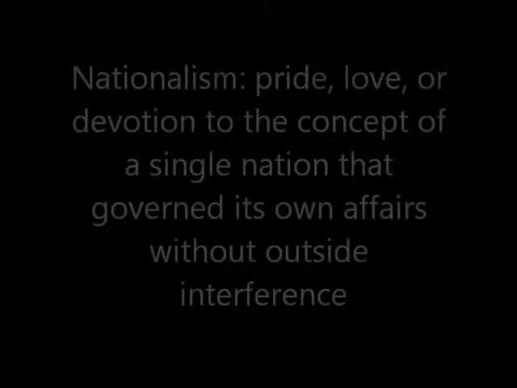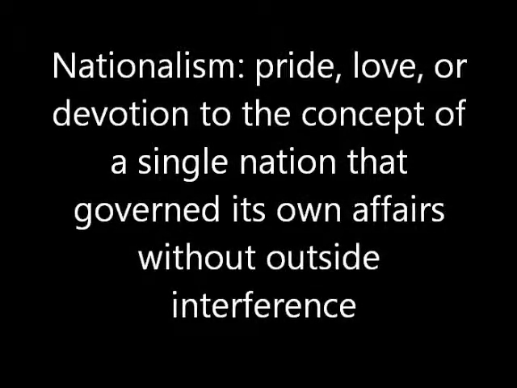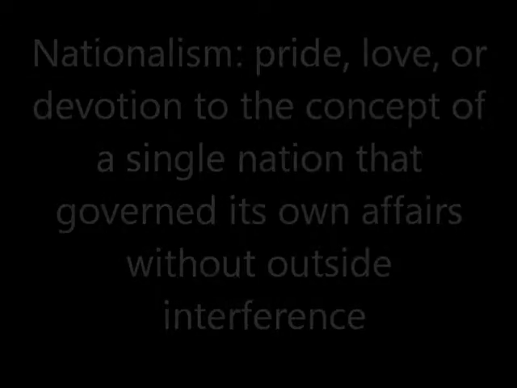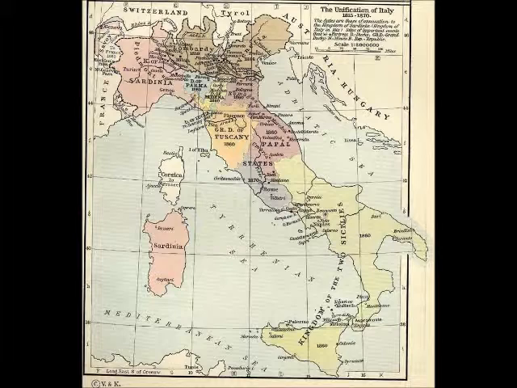Nationalism was also another relatively new idea during the 1800s. People who believed in nationalism wanted independent nation-states, or countries, that were free from foreign rule. Later in the 1800s, this sense of nationalism is going to help lead to the creation of two new countries in 1870 and 1871, Germany and Italy.